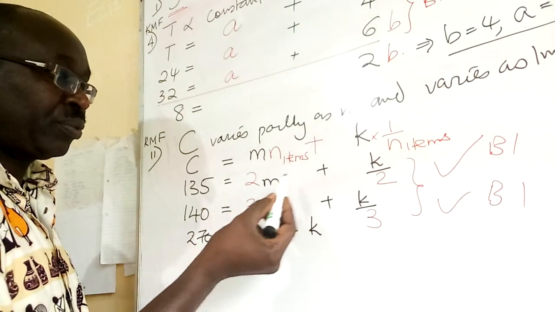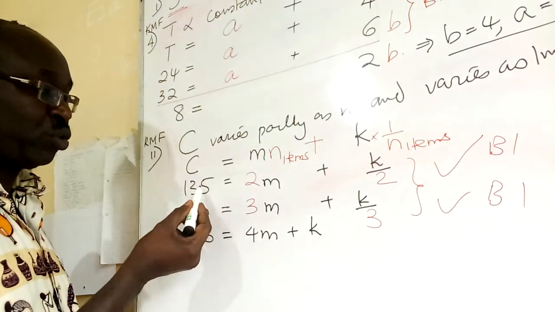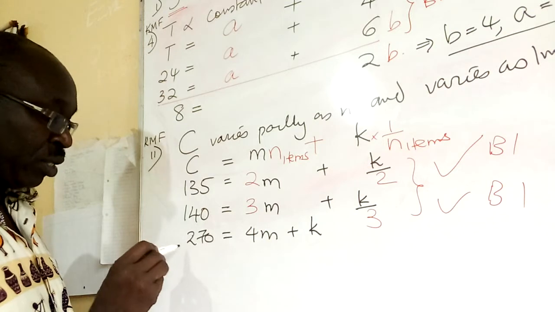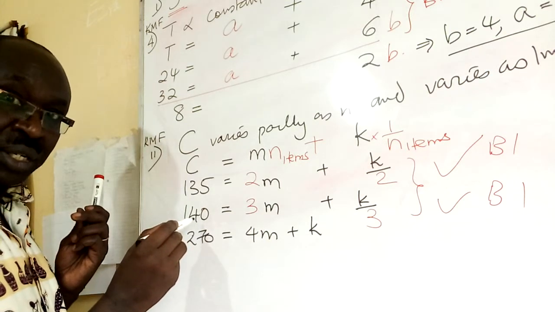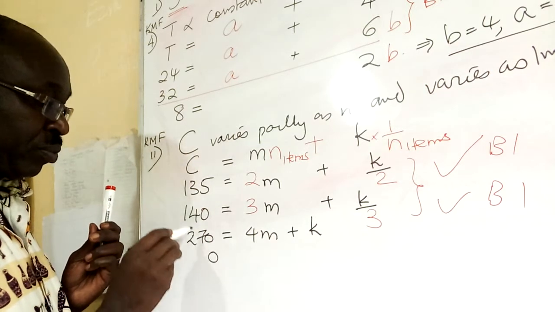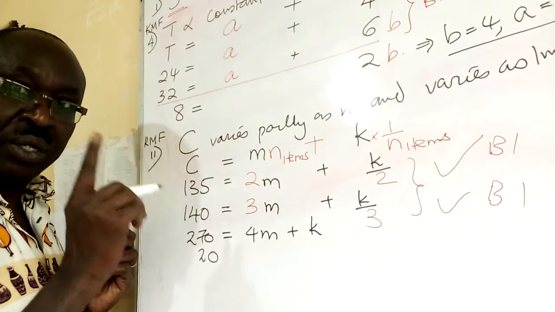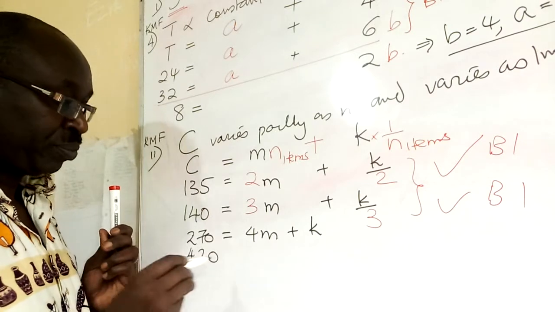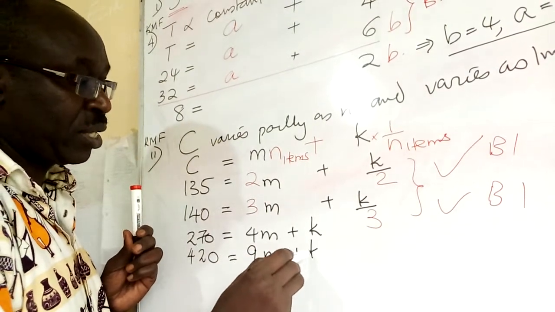By 2, the 2 cancels, I remain with k. By 2, 4m. By 2, 270. Here, it will be times 3. So 3 by 4, 12. You remain with 420 is equal to 9m plus k.